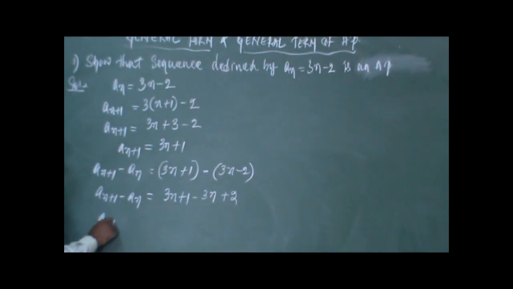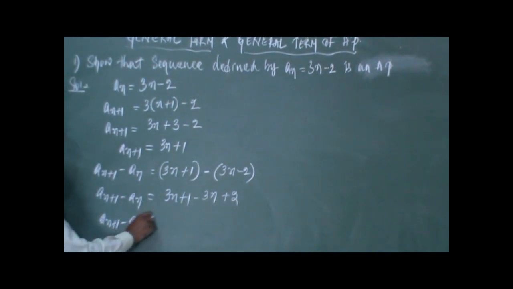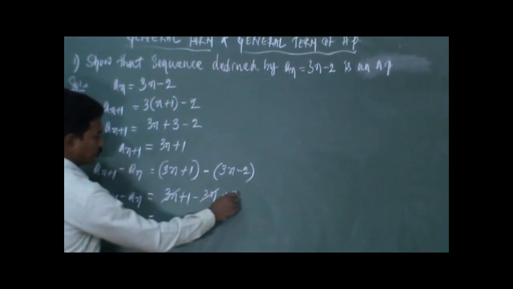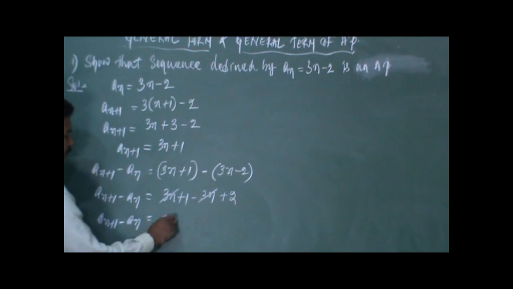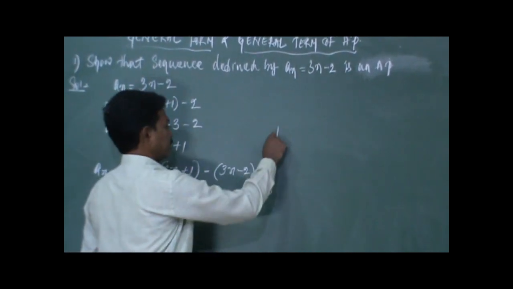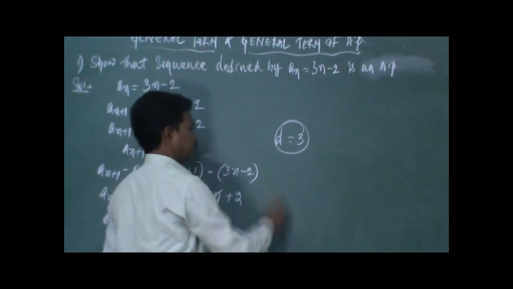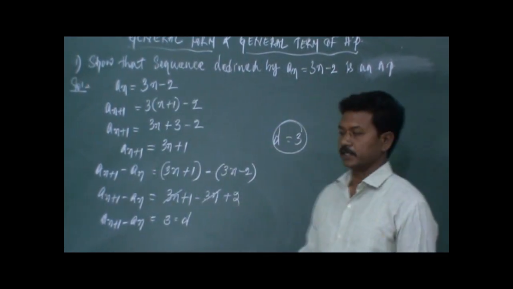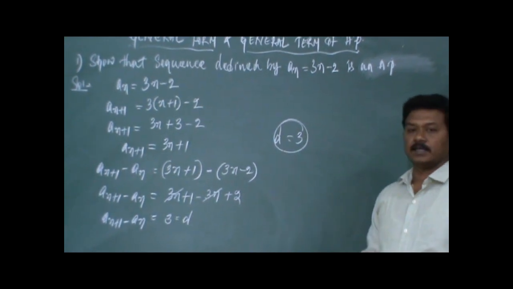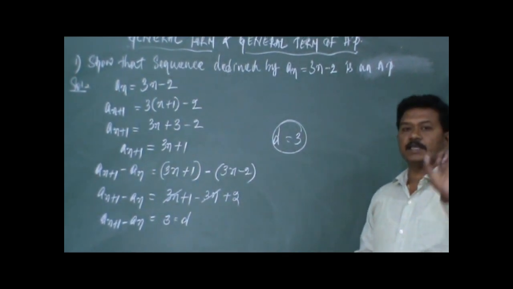So 3n minus 3n cancels. Plus 1 plus 2 comes 3, which is nothing but equal to d. So what is the value of d we have got here? d is equal to 3. So here the value of d is independent of n.